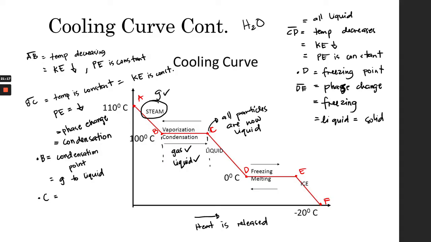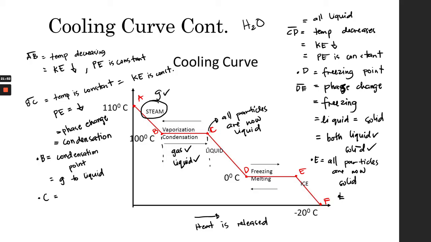Okay, so at DE, at phase change, both liquid and solid particles are present. So at point E, all particles are now solid. So there are no more particles to phase change. What happens then is that it again starts to decrease in temperature.